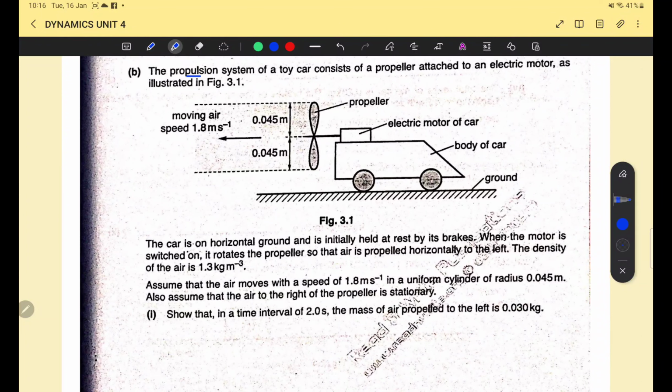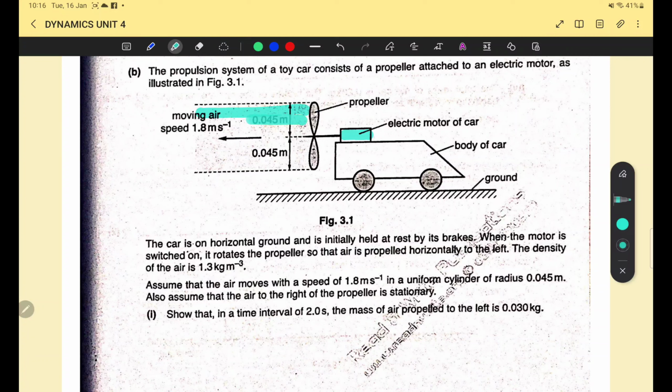In this question, this is a propulsion system in which a toy car consists of a propeller, and this propeller is run by an electric motor. When the electric motor runs, obviously the blades of the propeller begin to spin, and when they spin, they push air in the backward direction.